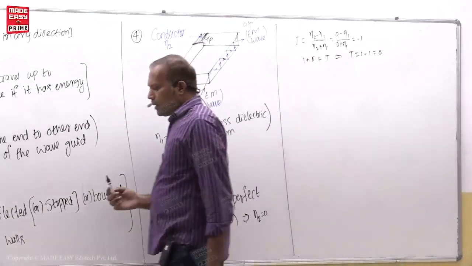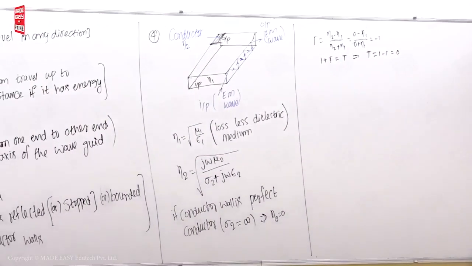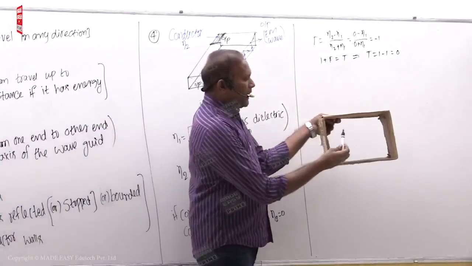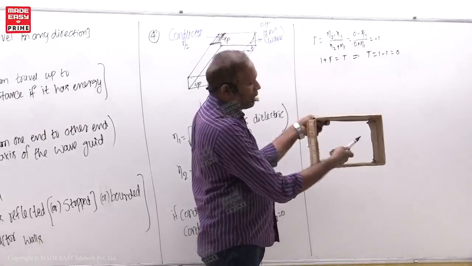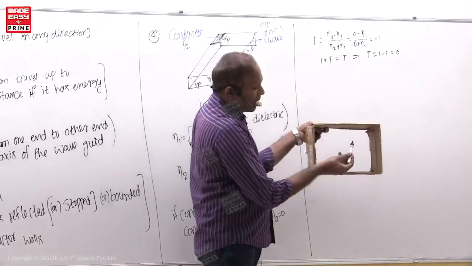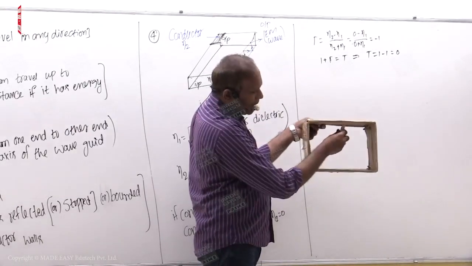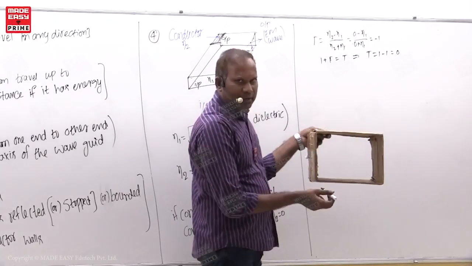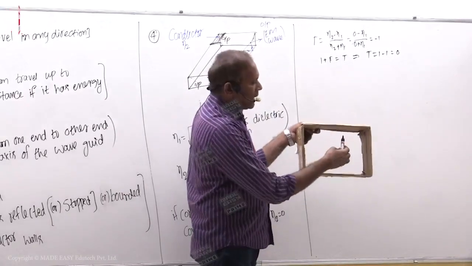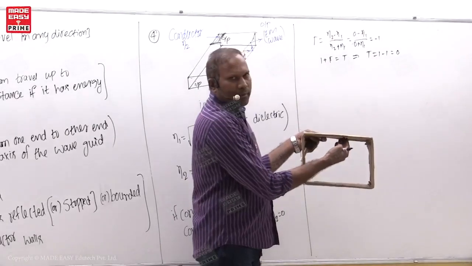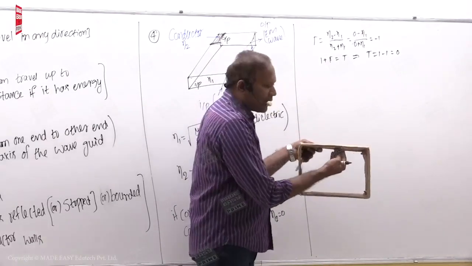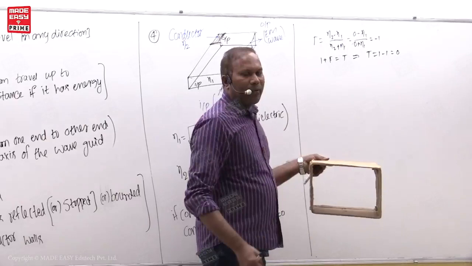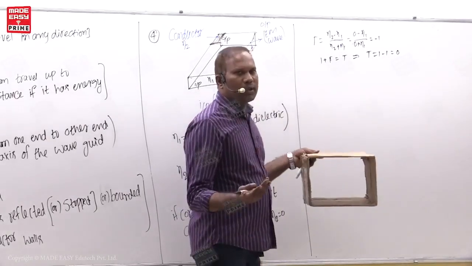I have shown you like this. When the EM wave hits the conductor like this, this is eta 1, this has eta 2, it hits the conductor surface like this and is completely reflected. That is what we want actually. No signal enters into this conductor wall. By chance, if any signal enters into the conductor wall, that is dissipated in the form of heat, and there is no use of that.